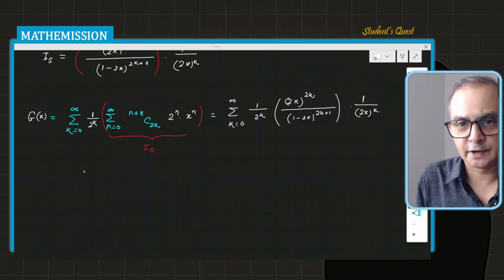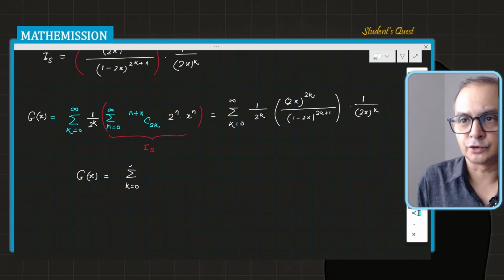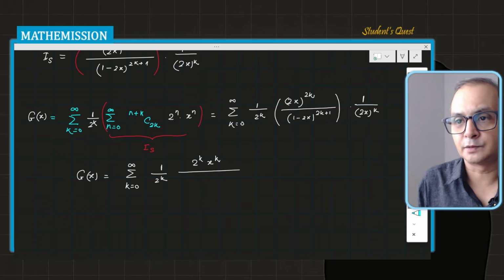So from here, gx in a little simpler form is going to be summation k goes from 0 to infinity, 1 by 2 to the power k, and notice one of them is already cancelled. So I'm getting 2^k x^k, and in the bottom I'm writing (1 minus 2x)^(2k) into 1 by 1 minus 2x.